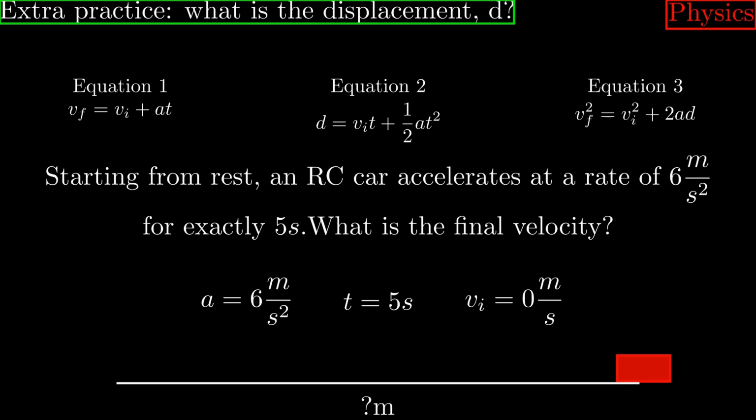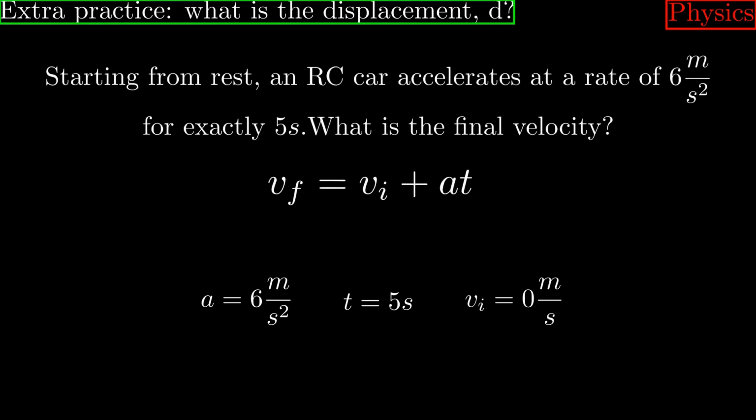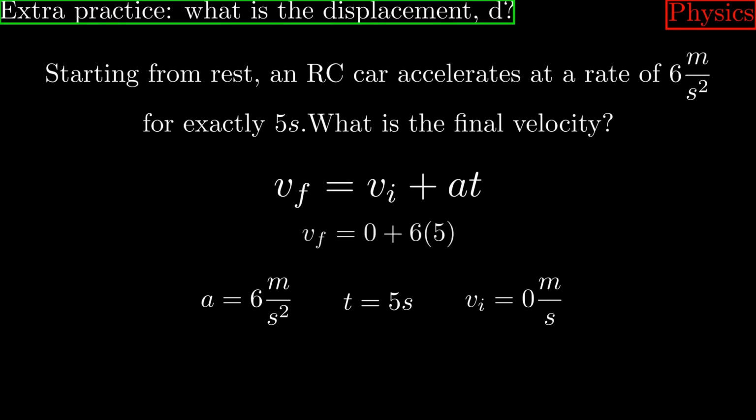We have initial velocity, we know the acceleration, but we don't know the displacement. So equation 3 will not be the one that we'll be using. With equation 1, we can find the final velocity using the initial velocity, acceleration, and the time taken. And those are the 3 variables that we know. So equation 1 will be the correct equation for this problem.